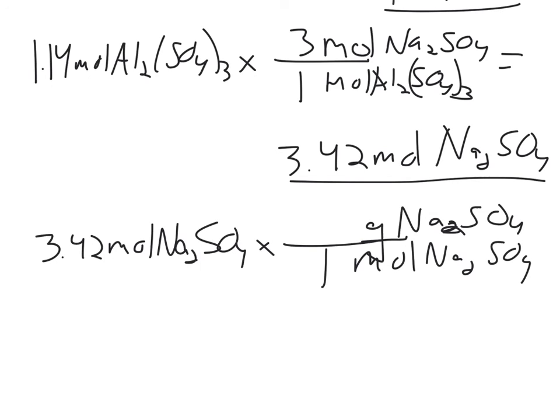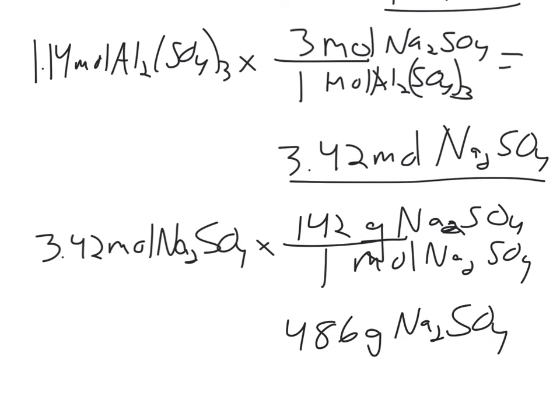Periodic table tells me it's 1 mole. And for grams, I got to look that up. And for sodium sulfate, it's 142. And now you just have to take your calculator and do 3.42 multiplied by 142 and divide that by 1. And you should get something like 486, if I round it, 486 grams of sodium sulfate.